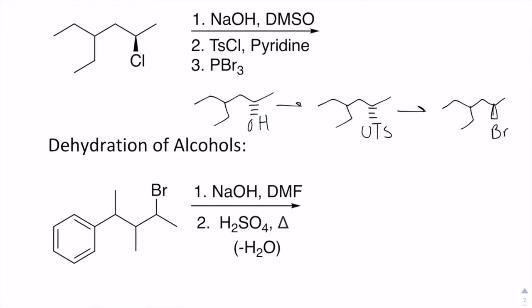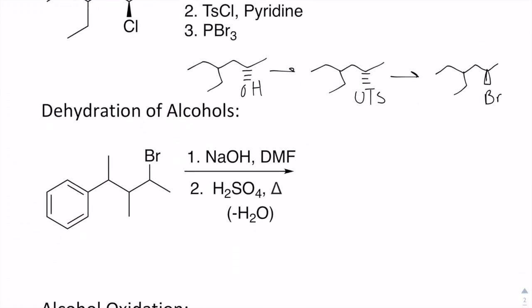Okay. So then, dehydration of alcohols. So in order to dehydrate alcohols, the first step is just this SN1 reaction, SN2 reaction. So we would expect, if there was any stereochemistry shown in the starting material, that the hydroxyl group would come on in the opposite configuration, but there isn't any stereochemistry to consider here.